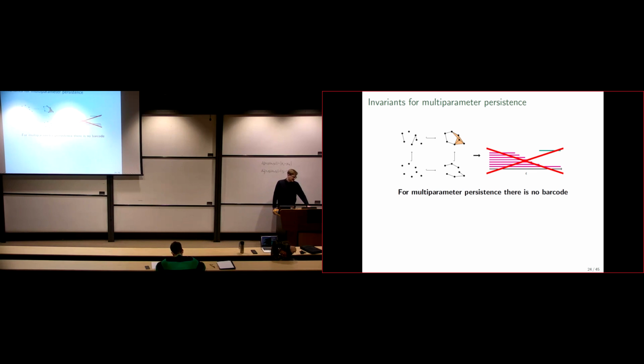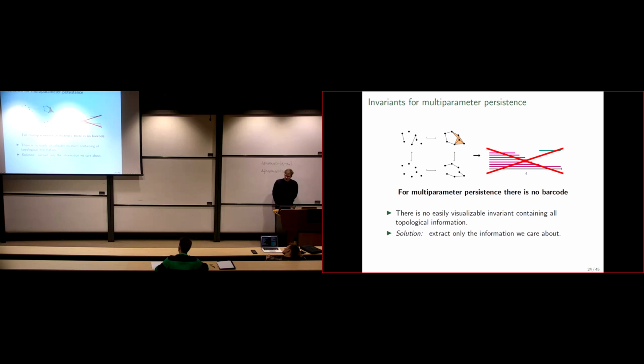So for multi-persistence, there is no barcode, and there is no easily visualizable invariant that contains all topological information, because these algebraic objects are very complicated. It contains a bunch of multivariate behavior, it's a computational complexity of computing, but also it's not feasible to visualize.